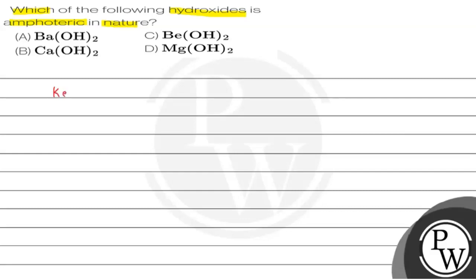तो इसमें हमें फिगर आउट करना है कि जो ऑप्शंस में हाइड्रोक्साइड्स प्रेजेंट हैं उनमें से कौन सा हाइड्रोक्साइड एक एम्फोटेरिक हाइड्रोक्साइड है. The concept is amphoteric hydroxides.